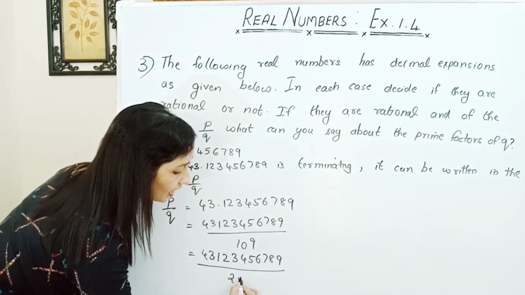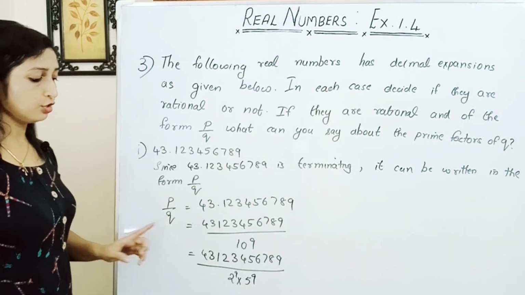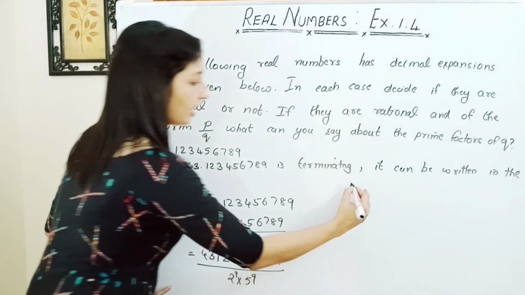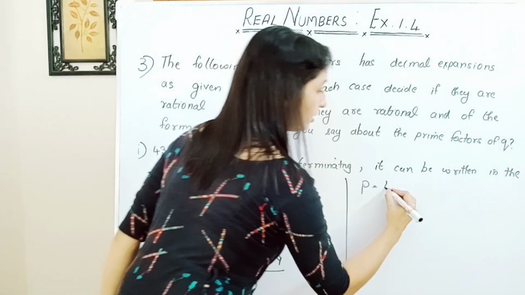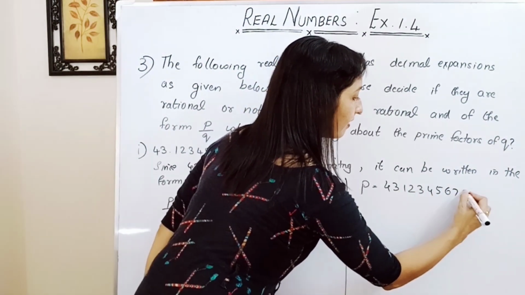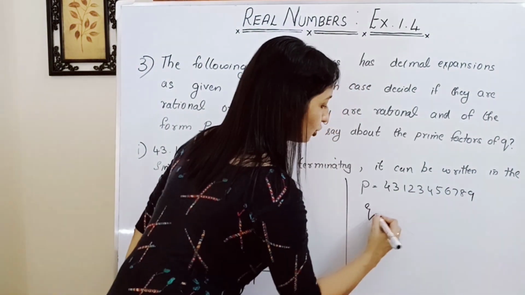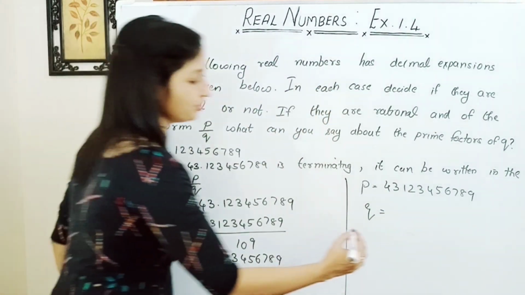I'm writing it as 2 raised to 9 into 5 raised to 9. So what do I get here? I get P as 43123456789 and Q as 2 raised to 9 into 5 raised to 9.